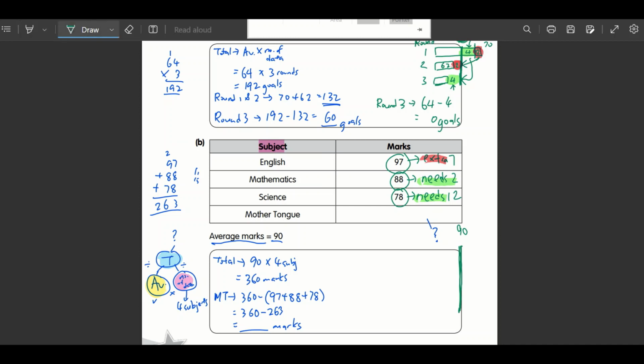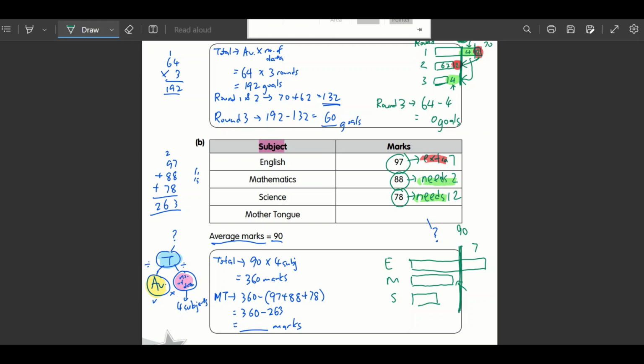So in other words, if I draw the model here, let's have English. English has got extra 7. Maths is short of 2. And then for Science is even shorter.